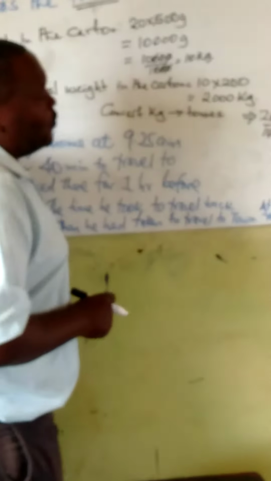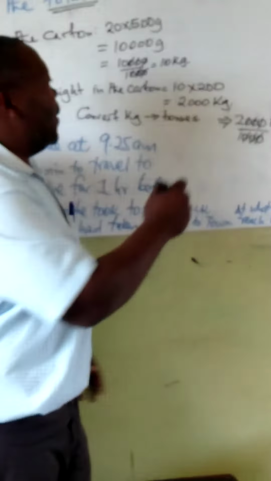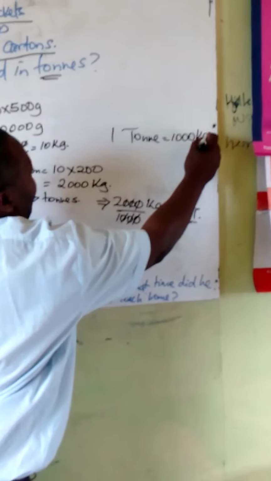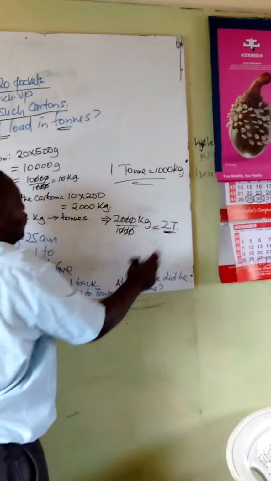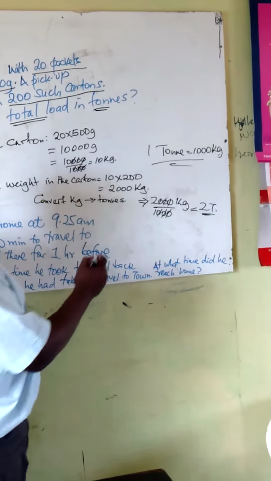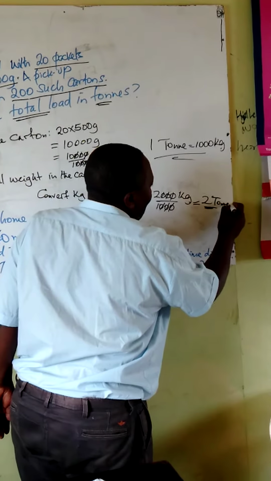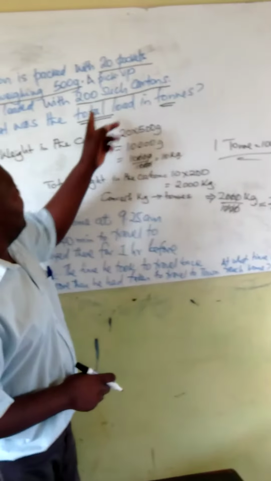Remember, 1 ton is equal to 1,000 kg. So the solution to question number 16 is 2 tons. That is the total load that is carried in the pickup.